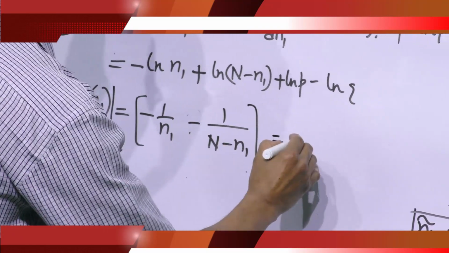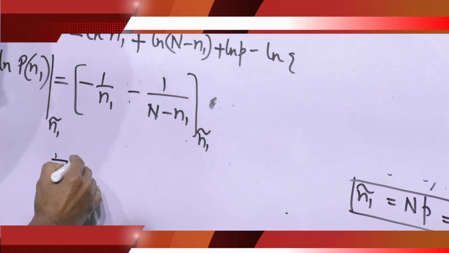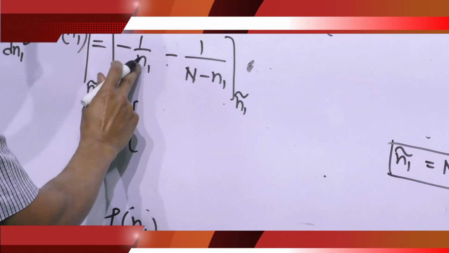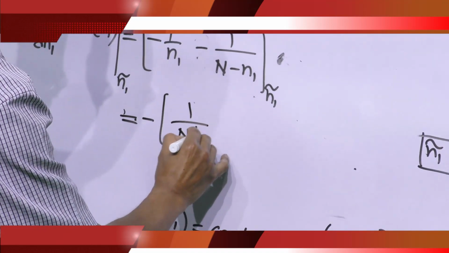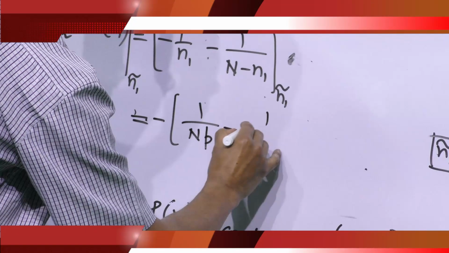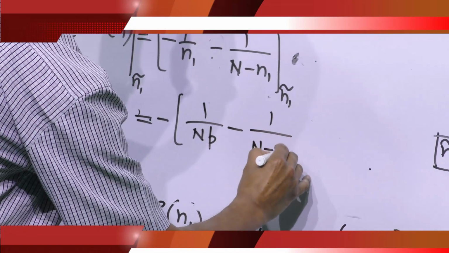This is equal to minus 1 over np, since n1 tilde is np, and then minus 1 over (n minus np).